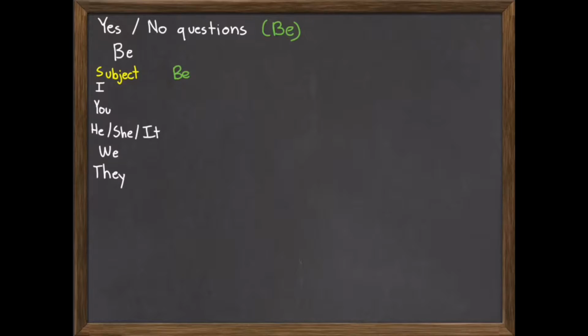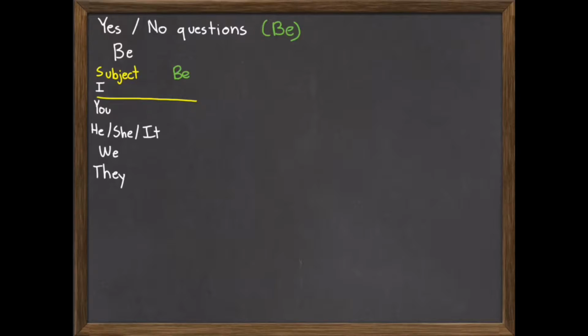First, the subject, which could be I, you, he, she, it, we, or they. Then you put the verb conjugated according to the subject.